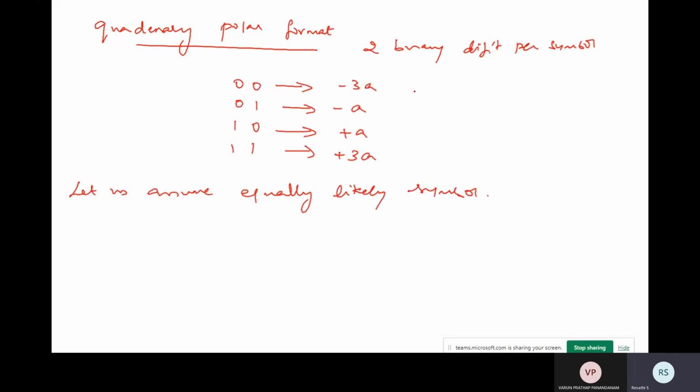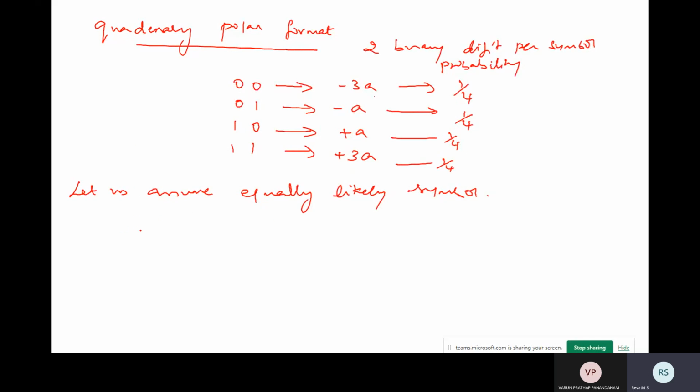If you are assuming equally likely symbols, then you have 4 symbols, so the probabilities are 1 by 4, 1 by 4, 1 by 4 and 1 by 4. This is the probability of generating the minus 3a level, minus a level, plus a level and plus 3a level. Okay.